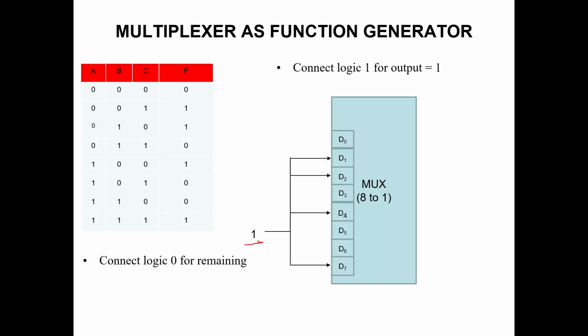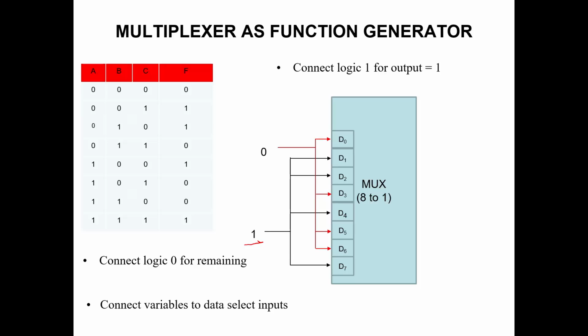The next step is to connect logic 0 to the remaining inputs. Now we have D0, D3, D5 and D6 which are the remaining inputs. Now connect 0 to all these remaining inputs. Then connect variables to the data select lines.